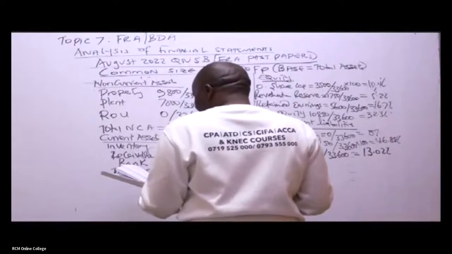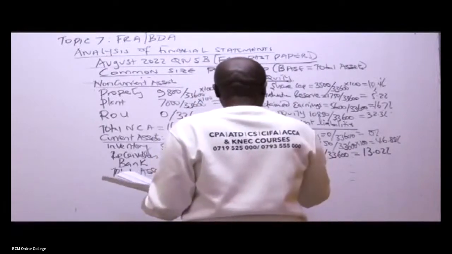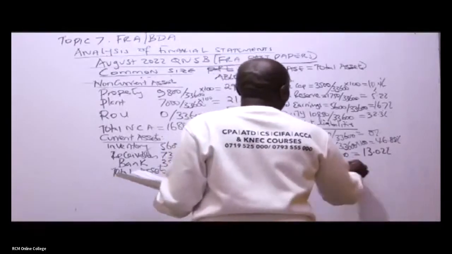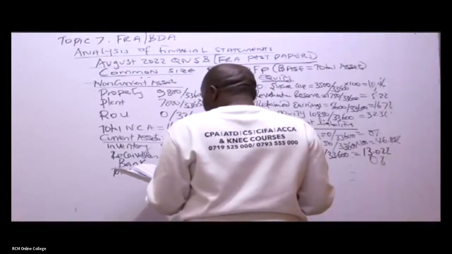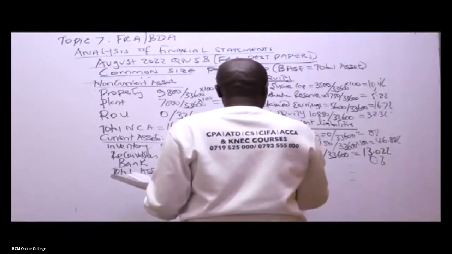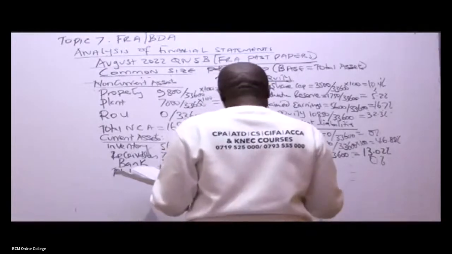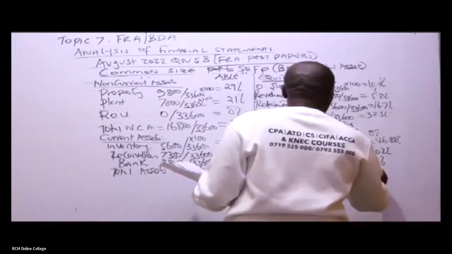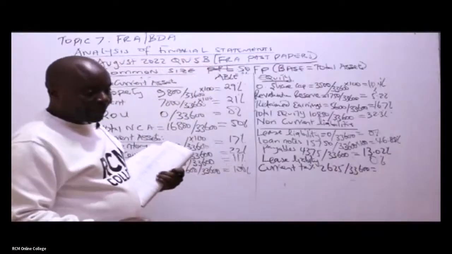Great. So after payables, I can see lease liability. Of course, I'm able to see it is 0 there, but I have to write it because of the other company, right? Then we have current tax: 2,625 divided by 33,600, which will give us what figure? 7.8%.